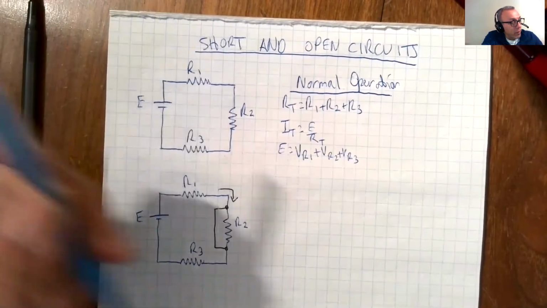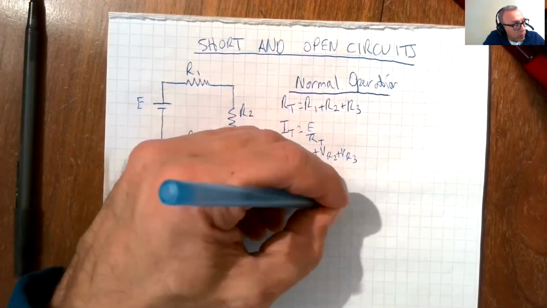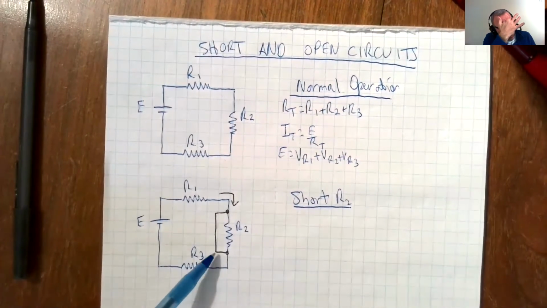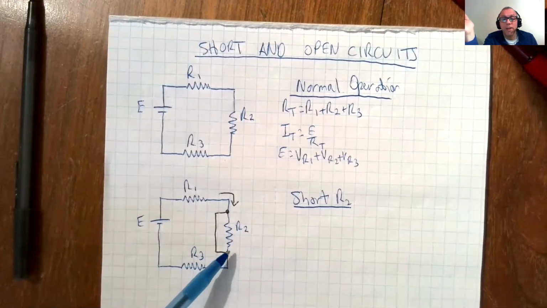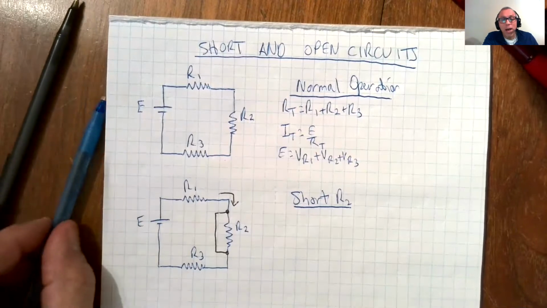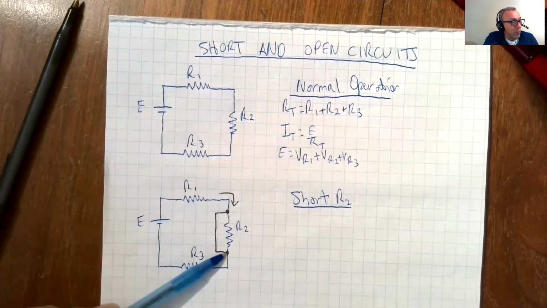Which means now, when we short R2, this is 0 ohms and this is whatever resistance it is. Hence the saying, taking the path of least resistance. This is the path of least resistance, 0 ohms.